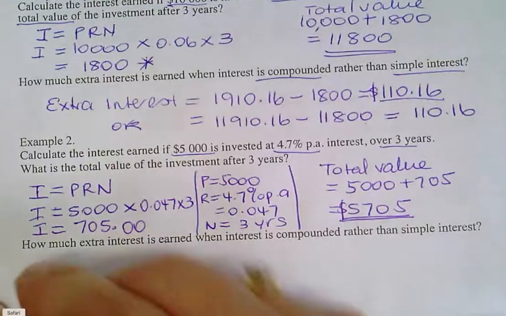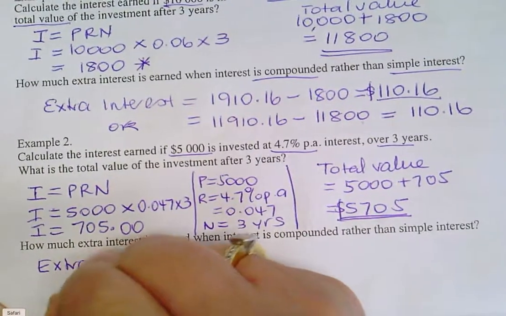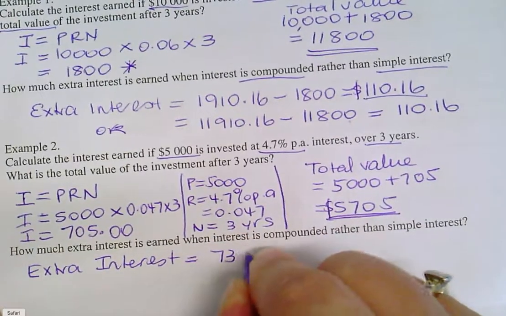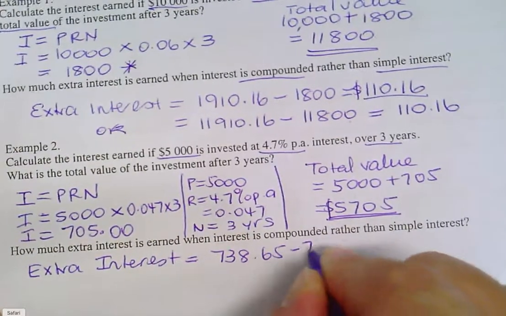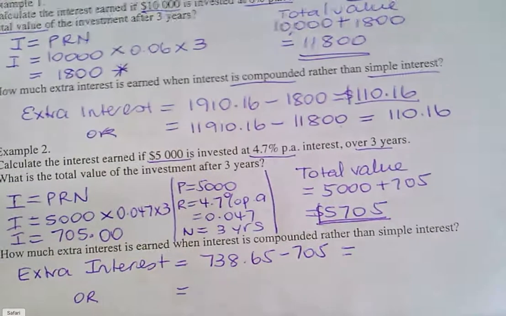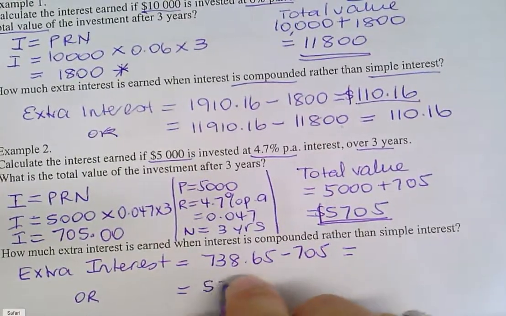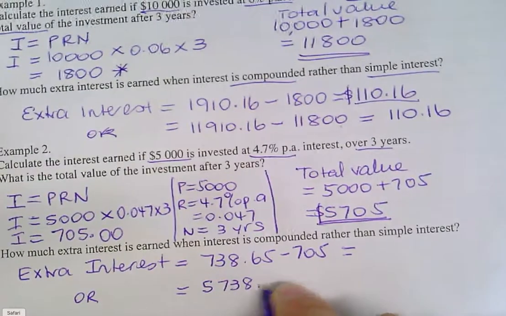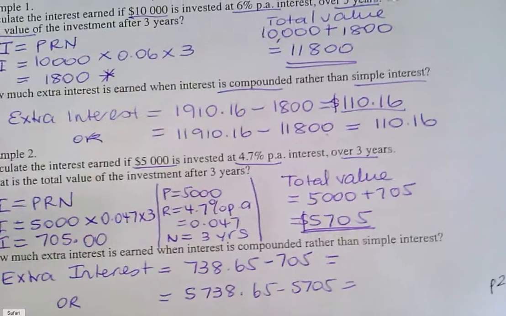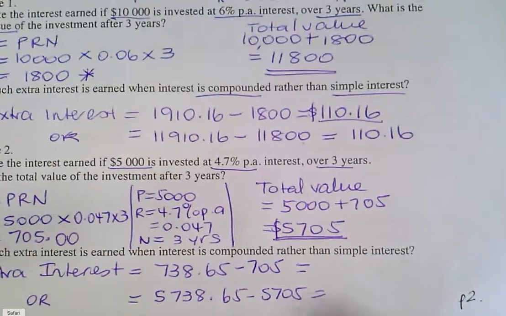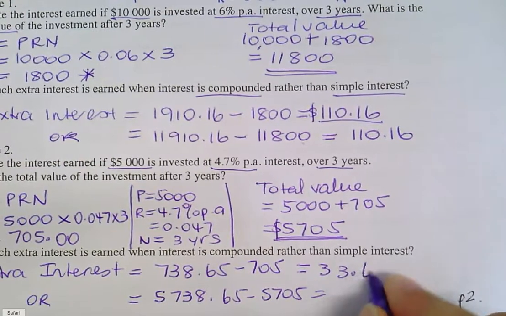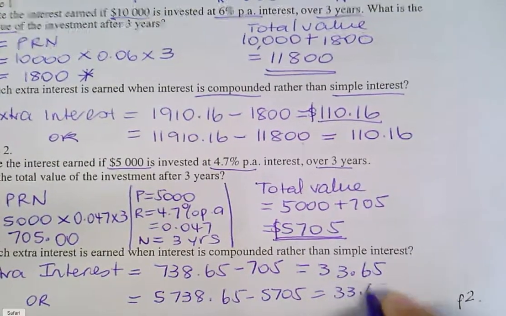So therefore, how much extra interest, you can do it two ways. I can do it like this, 738.65 minus $705, or I could do it by comparing the final values as well, 5,738.65 minus 5,705. Okay? And our answer, what do we get? $33.65.